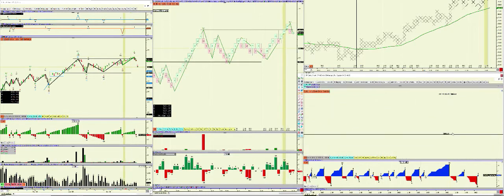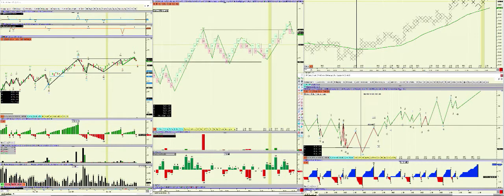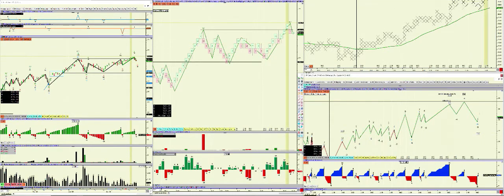Why is that important? Well, the change of behavior that came in here is 120 million. Here you also have 120 million.